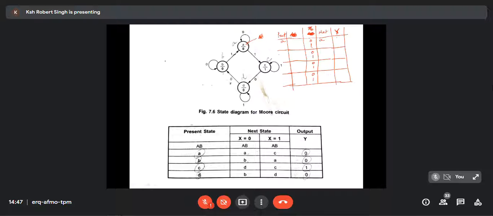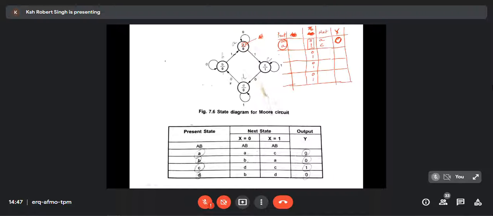Is it okay or not? But for the present state A, output is always 0. So I will not write 0 twice, just one big 0 here. It doesn't bother about the input 0 or 1. It is not related. Output is 0 because the present state is A.